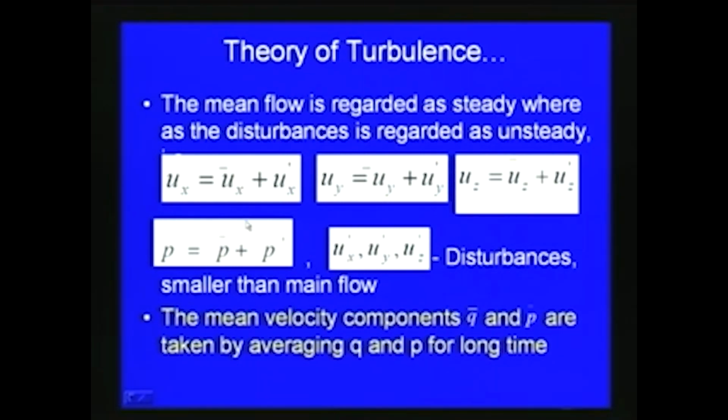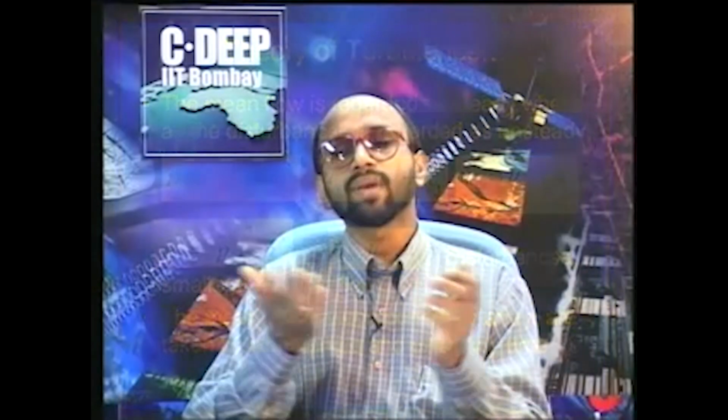As we have already seen in the previous slide, the mean is the component about which the up and down fluctuation takes place, and if you consider the fluctuation for a long time, you can see that it is steady.